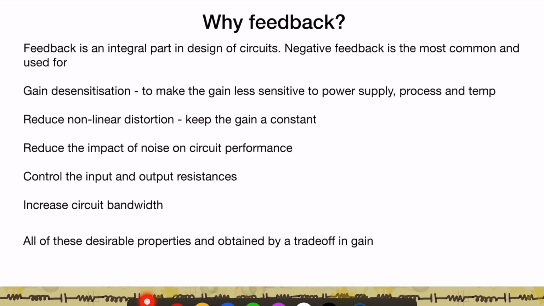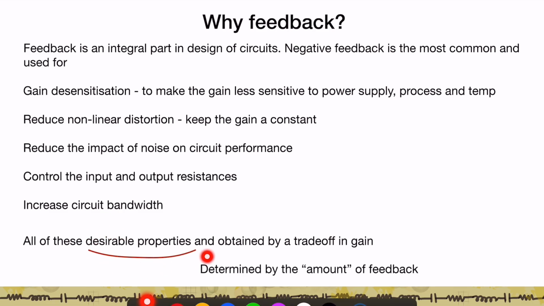So to get any of these desirable properties, we normally give off some sort of a gain margin and achieve one or a few of these requirements in our circuit. So again, it's a matter of figuring out what's the best circuit and what's the best trade-off for your application.